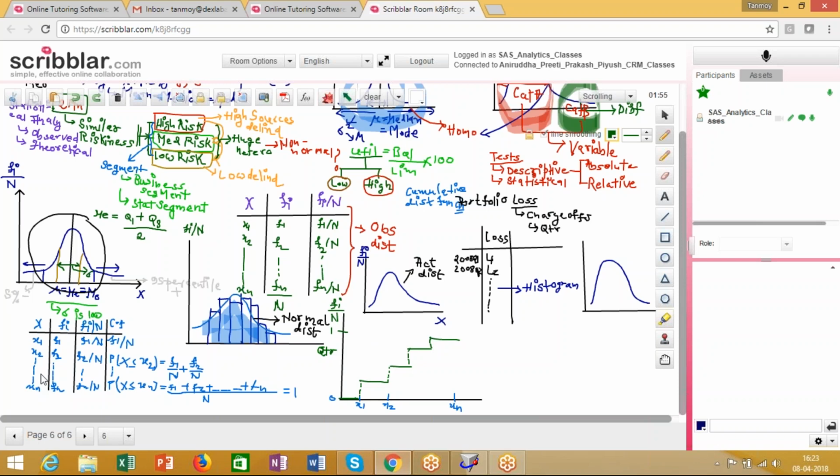So this is how the observed cumulative distribution function will look.